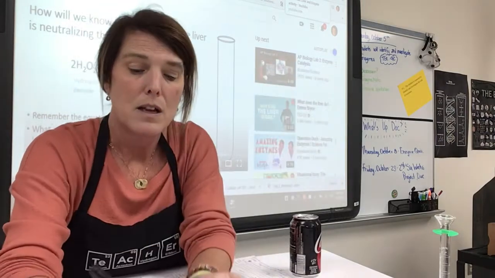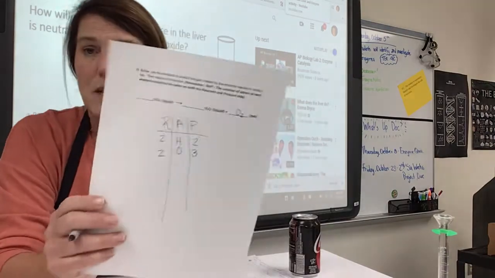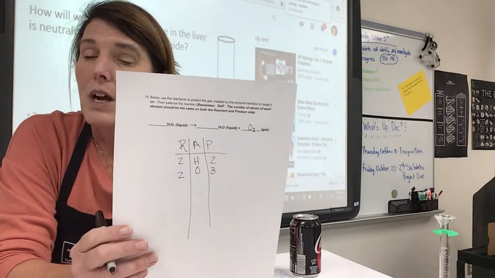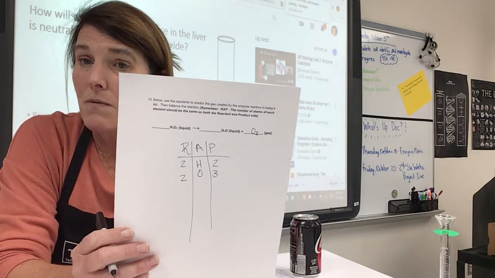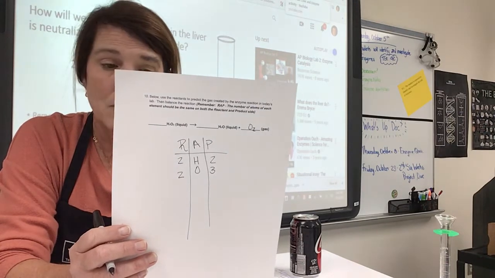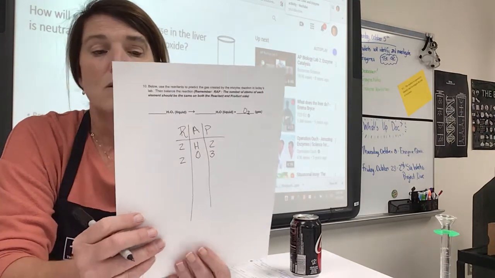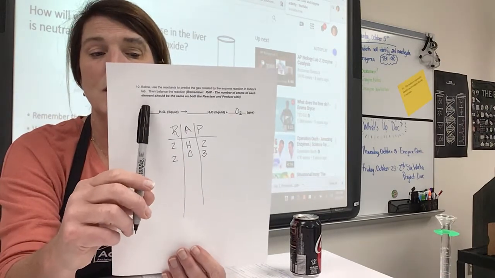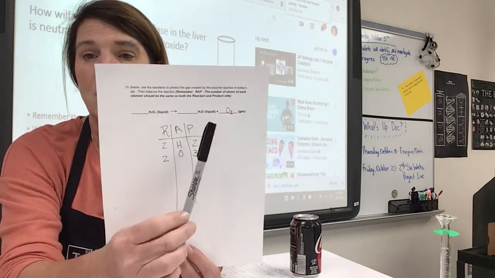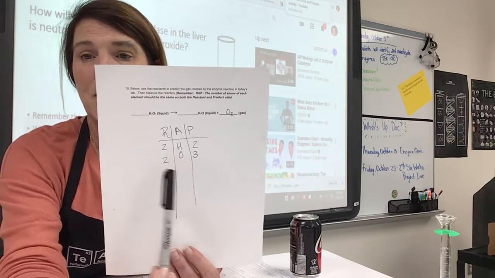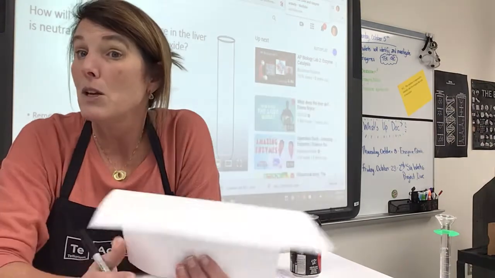Water has 1, so it has 3. So I want you to try and balance that before you turn in this Google Doc. Right now it's not okay. You're going to need some coefficients in front of hydrogen peroxide and in front of water to balance this out. If you have trouble with RAP, let me know.